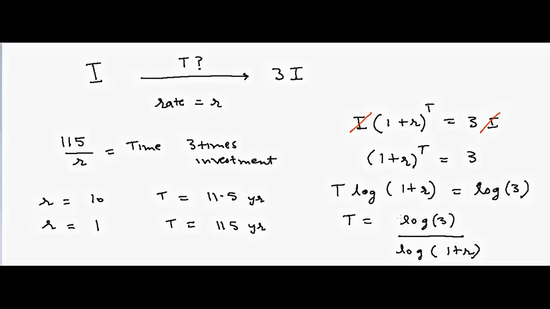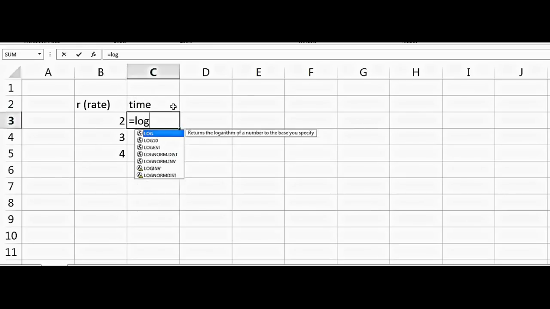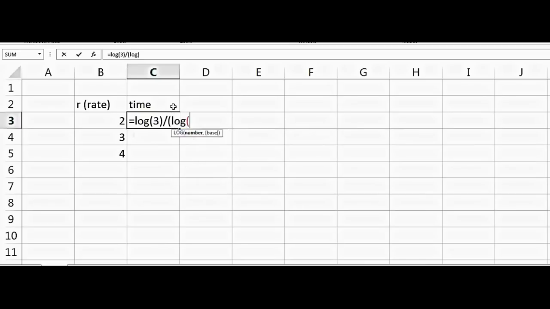So let's try to solve this equation in Excel. So if I go to Excel, suppose r is my rate, and we have the rate varying from 2, 3, 4, and our time will be equal to log of 3 divided by log of 1 plus rate, right?